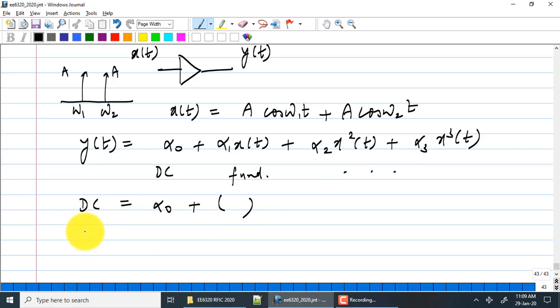But now I'm going to assume that the input power that I give, the input amplitude A, is not very high. Okay, it's going to be so low I can neglect this guy. Okay, so I'm still looking at small signal behavior so far. Okay. What is the fundamental?